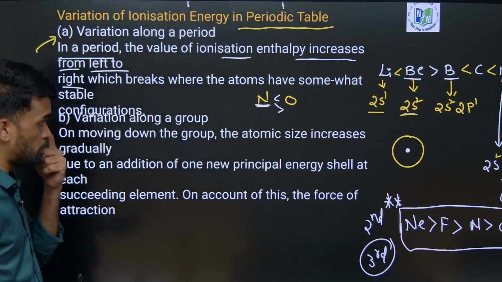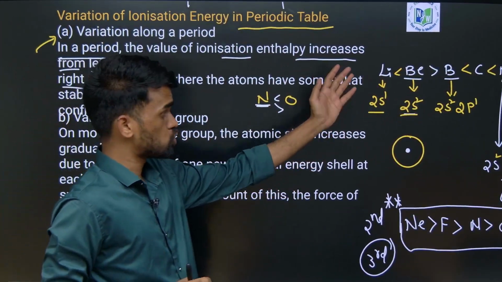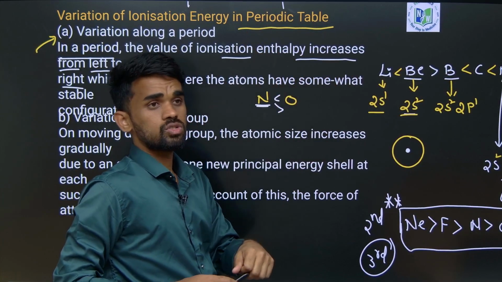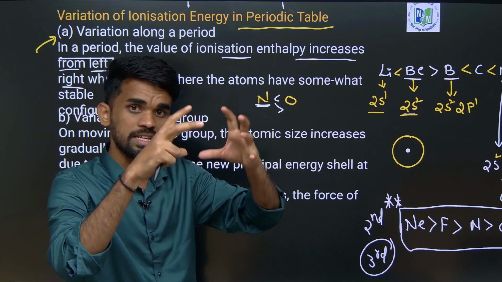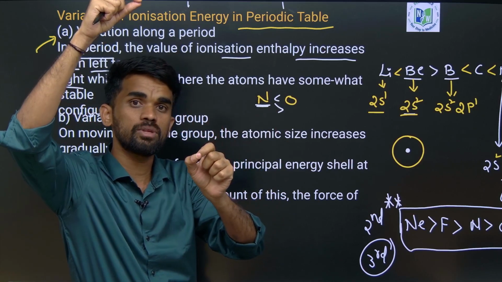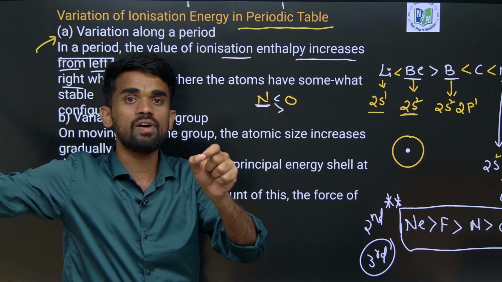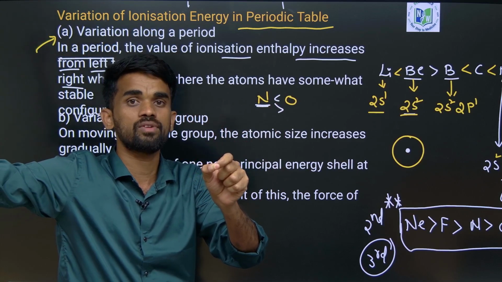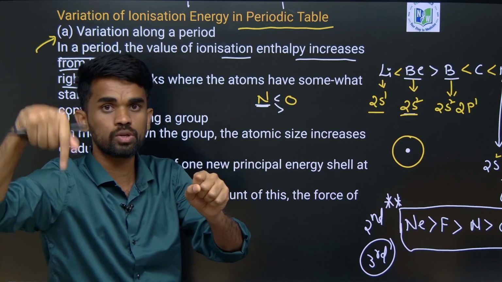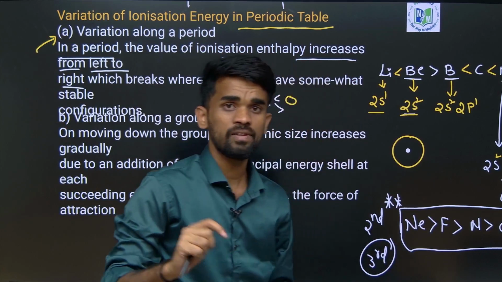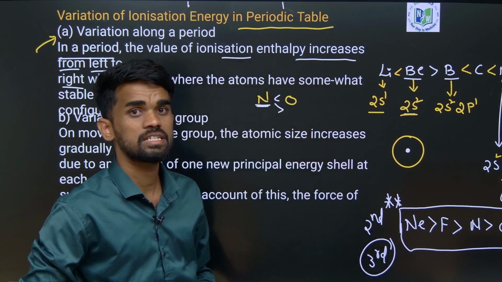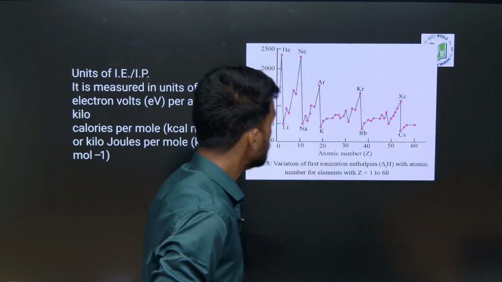Now the period part is over. When it comes to groups, down the group ionization energy decreases because size increases. When size increases, electrons are far from the nucleus, so it is easy to remove the valence electron because it is very far from the nucleus. Therefore down the group ionization energy decreases. Always, as I told you, successive ionization energy values will be increasing.